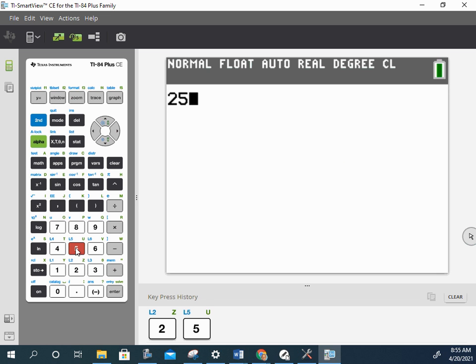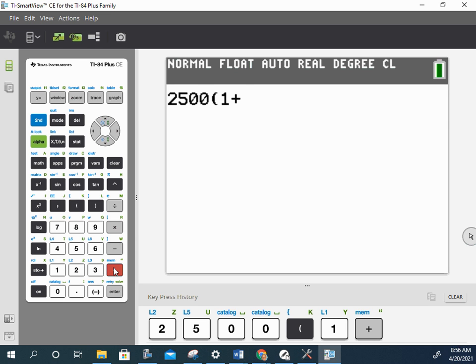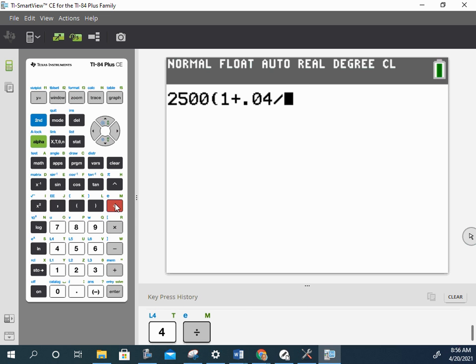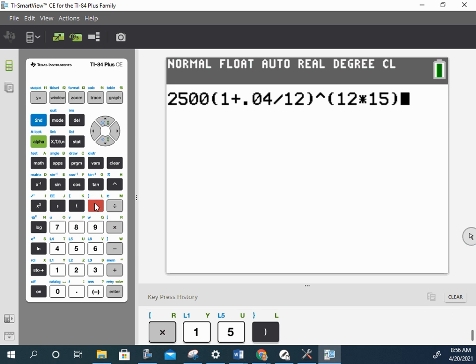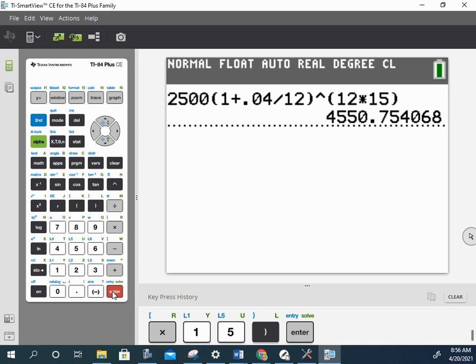So we have 2,500, open parentheses, 1 plus 0.04 divided by 12, close parentheses, raised to the, I put my calculator in the older model, the newer model just moves the exponent up, open the parentheses, 12 times 15. Everything should be in there correctly.